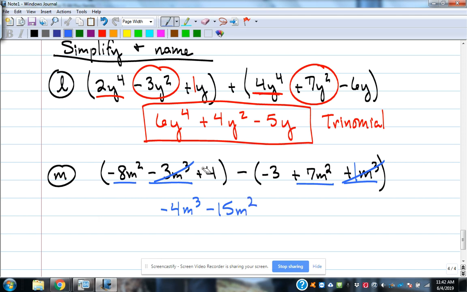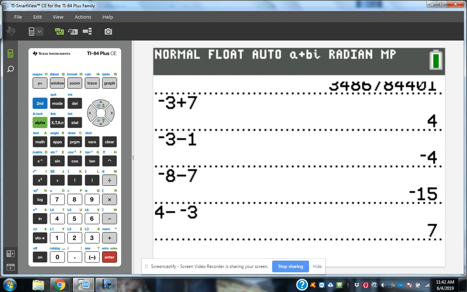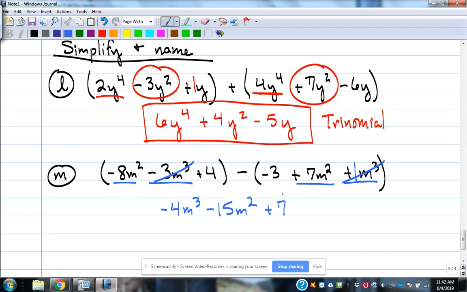And then I have 4 minus negative 3. 4 minus negative 3 is positive 7. So a plus 7 because it's positive. And there I have simplified that polynomial to make another trinomial, because it has 3 terms.